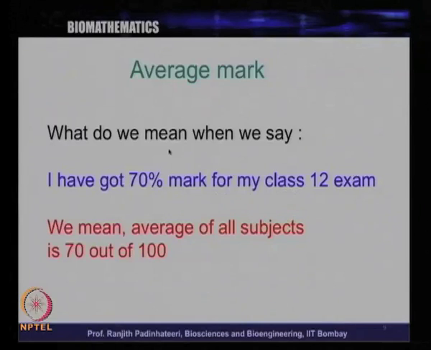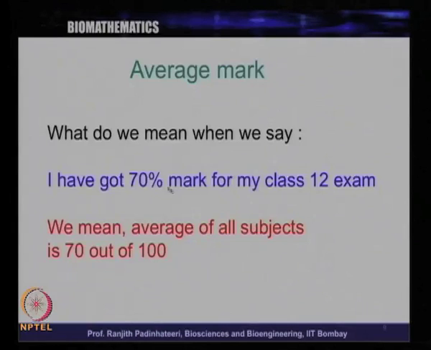What do we mean? We mean that the average of all subjects is 70 out of 100. So, if I find the average of all subjects, I will get 70 and the total mark is 100. So, 70 by 100 is 70%.